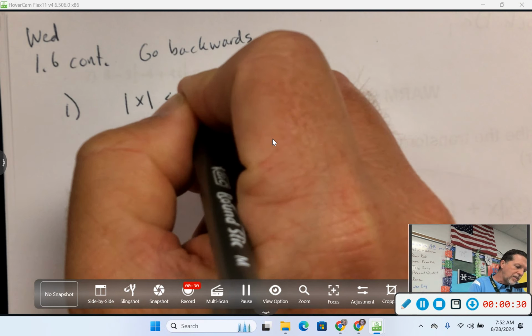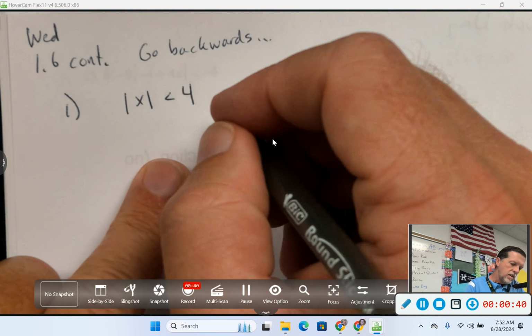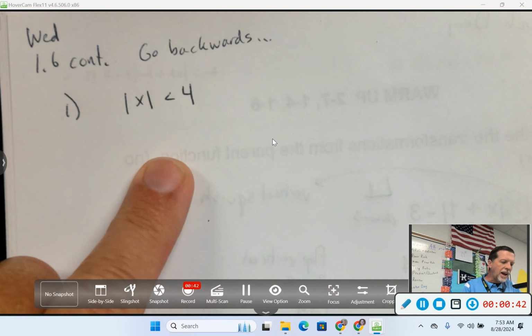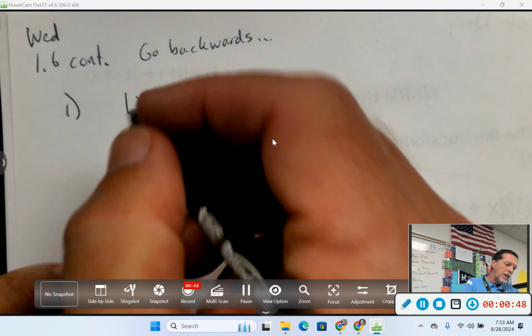Absolute value of x is less than 4. It would be nice if we could graph that one without going through the whole process. That would really help, but we may not be there yet.